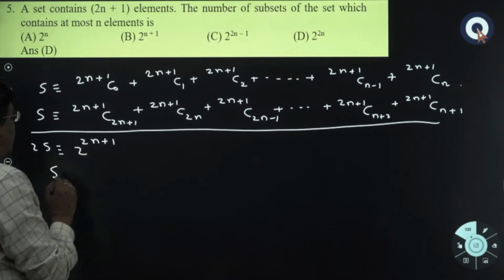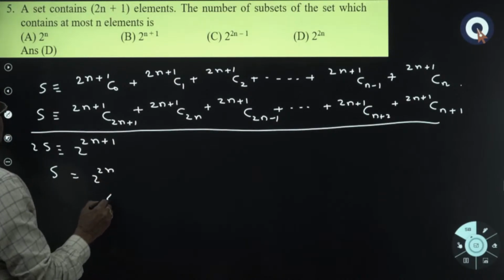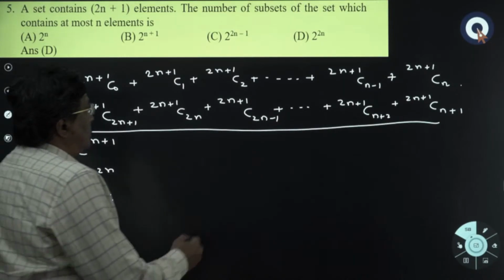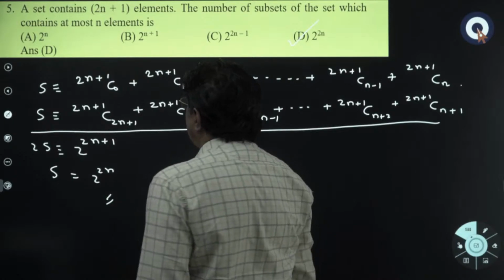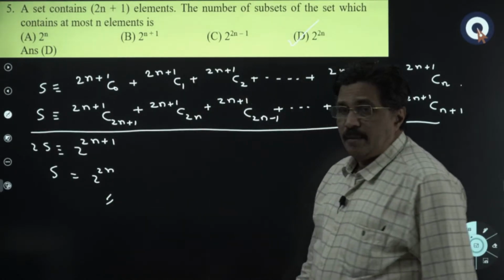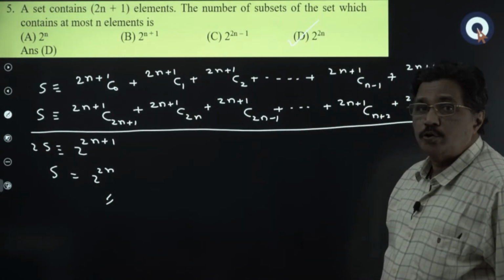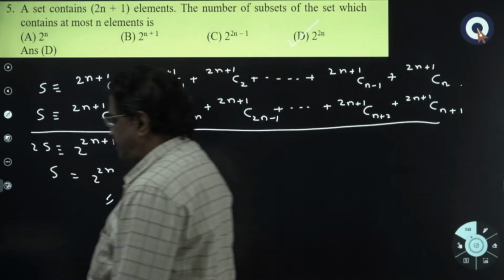Therefore S is equal to 2 to the power 2n. So these are the number of subsets of the set which contain at most n elements. So the answer is 2 to the power 2n. Next.